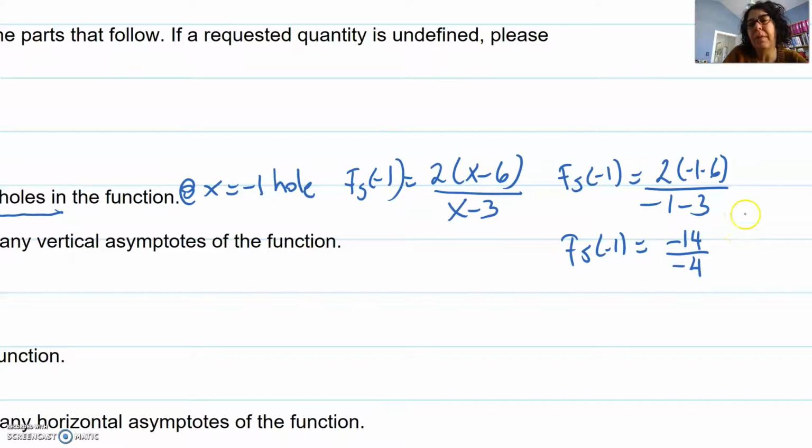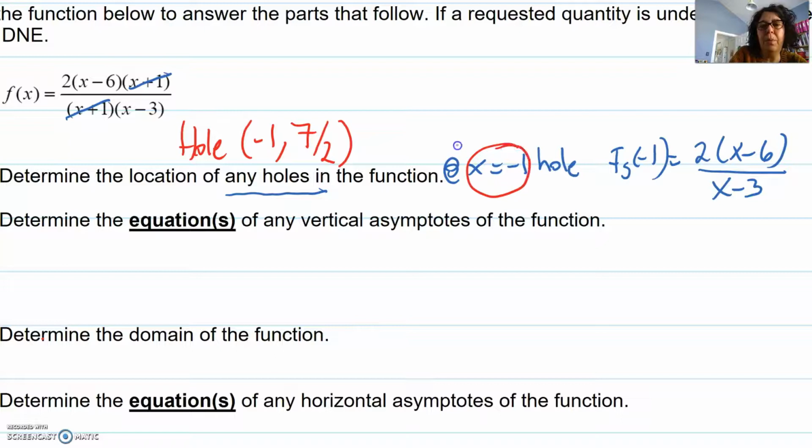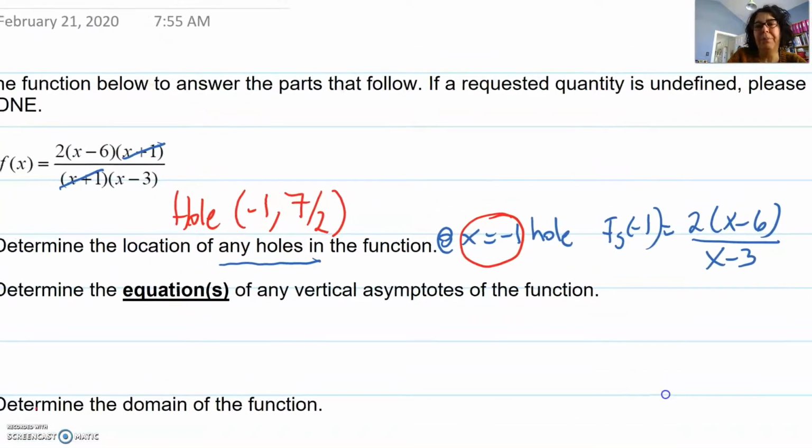So that will be 7 over 2. So we do have a hole at -1, 7 over 2. We need to keep that in mind to be able to figure out the domain.